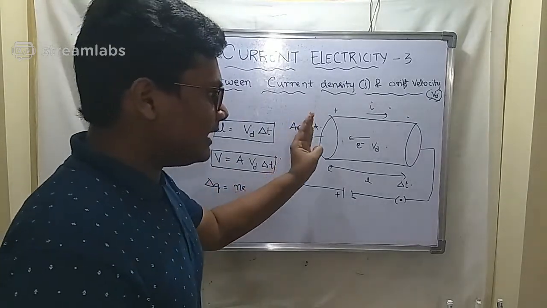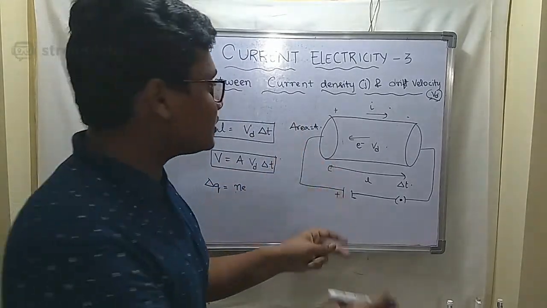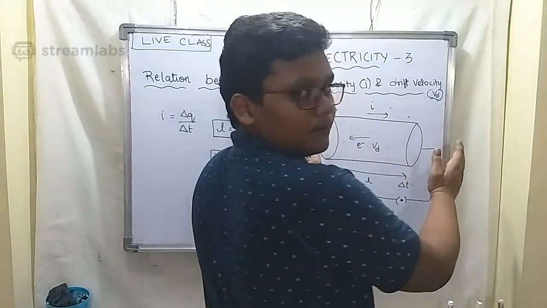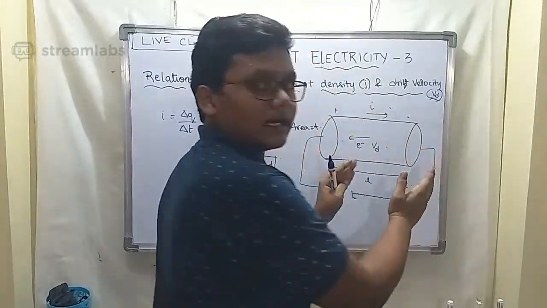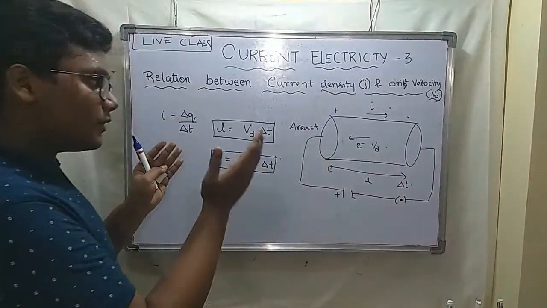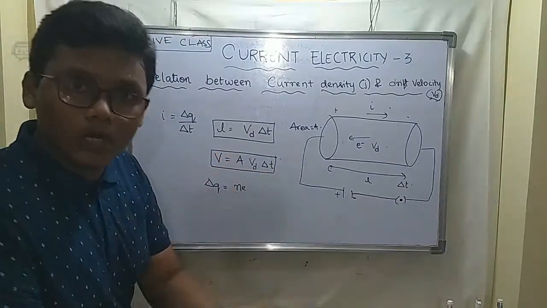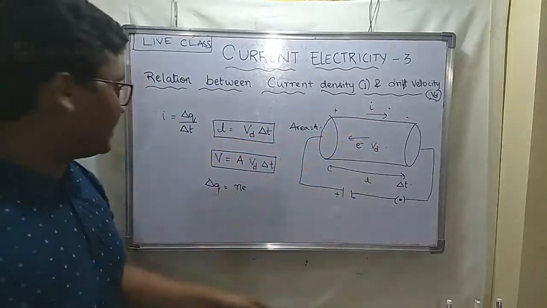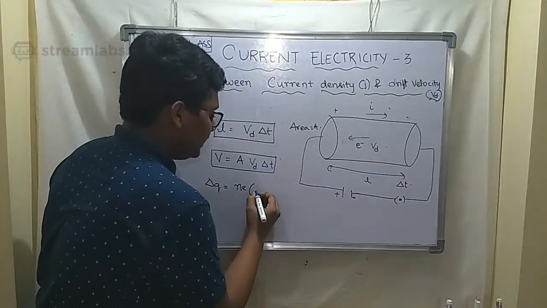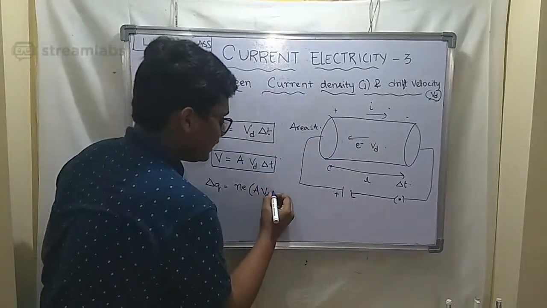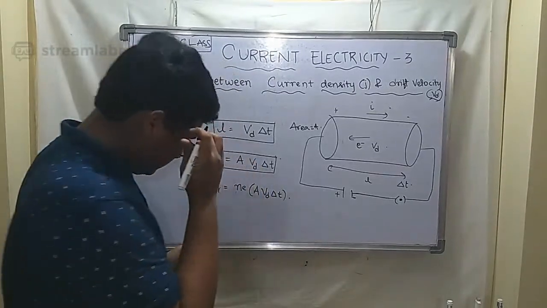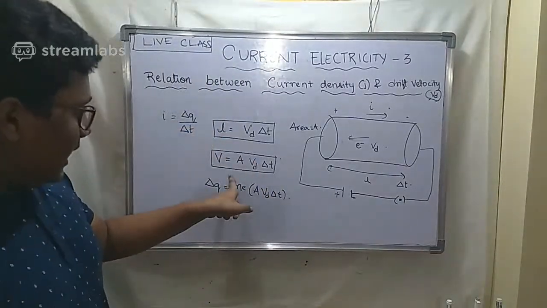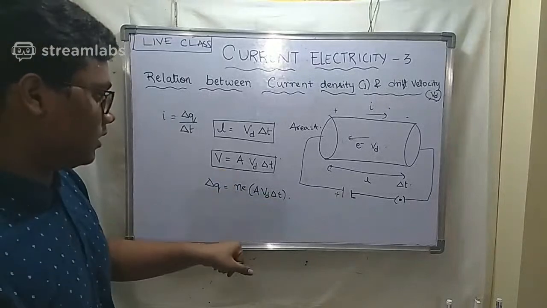Here we need n e for the total charge of the conductor. So the total conductor volume into n e is equal to the charge for this metal conductor. So delta Q is n e into A Vd delta t.